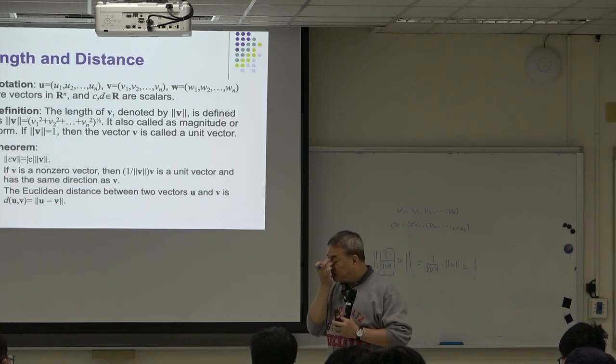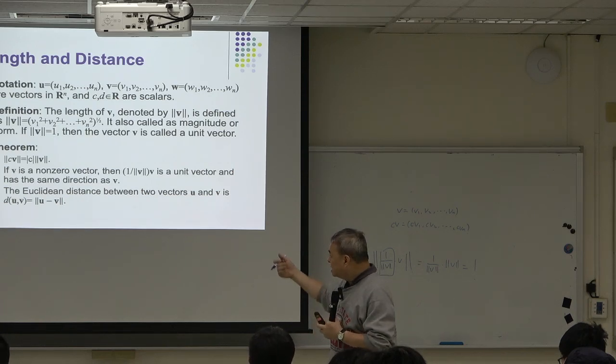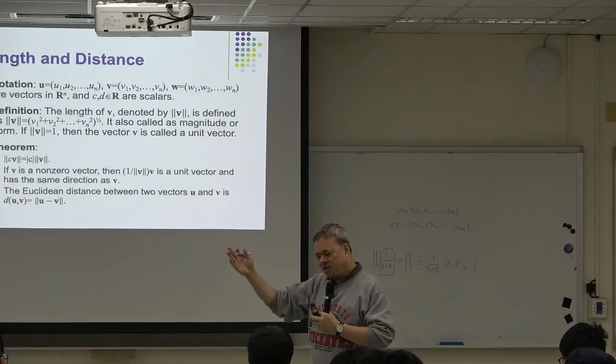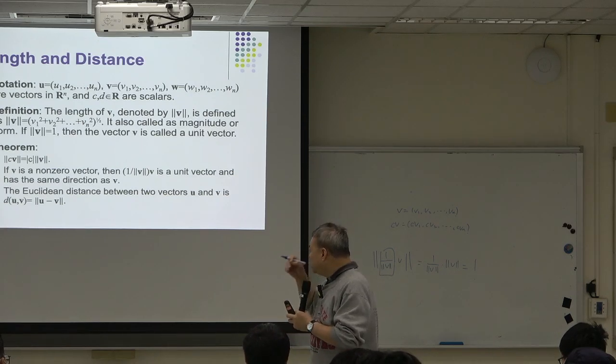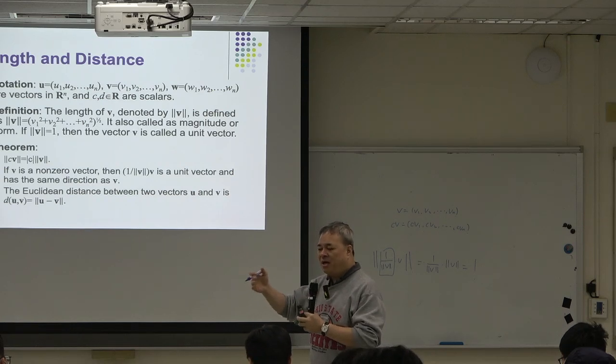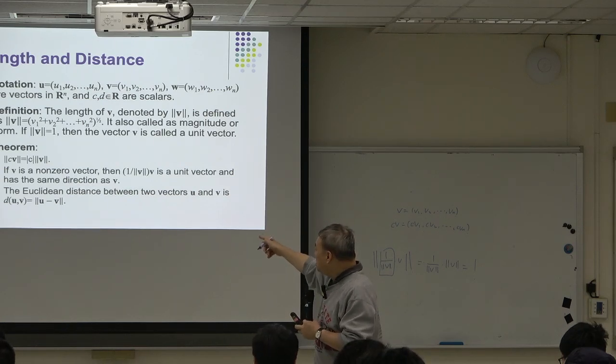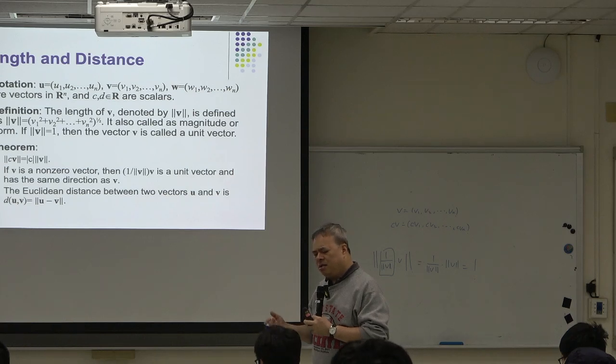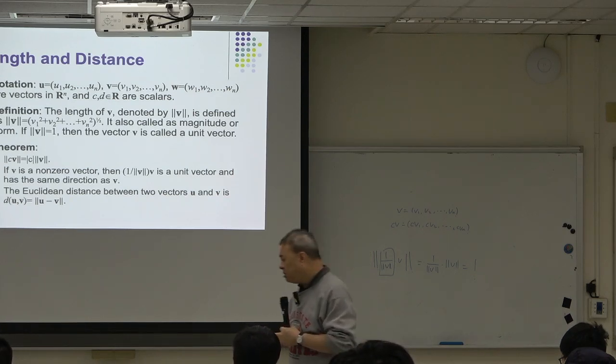Right now, try to understand this one geometrically. If you draw a vector and divide it by a positive number, because 1 over the norm of V is a positive number, it is still pointing in the same direction.